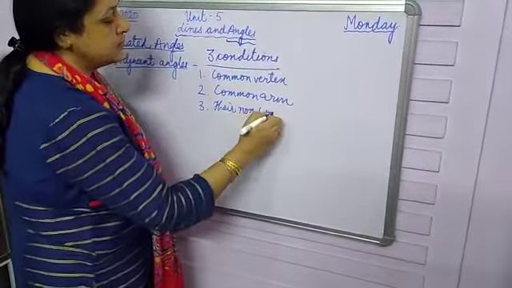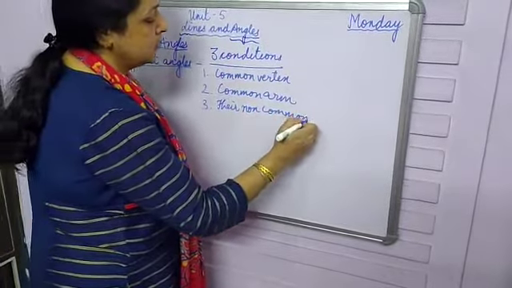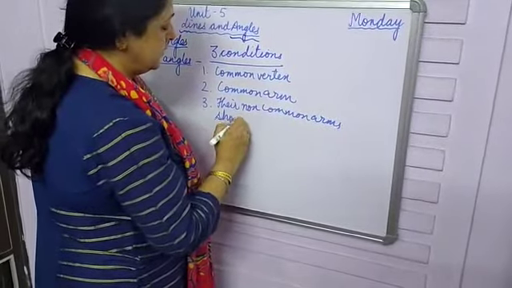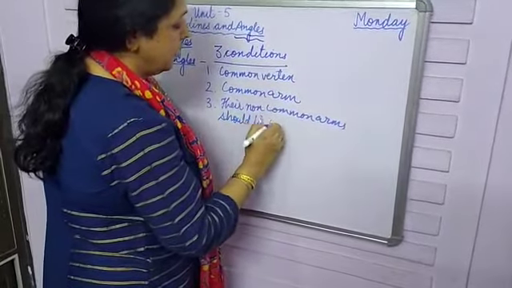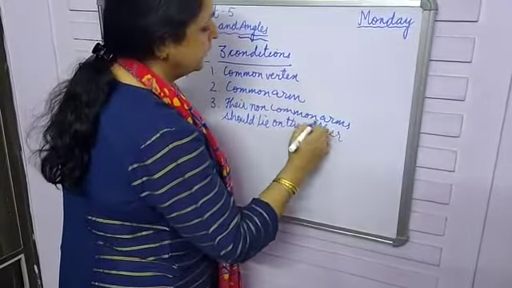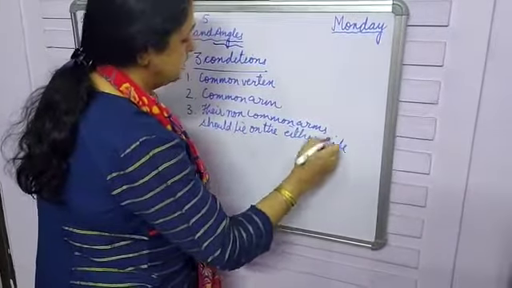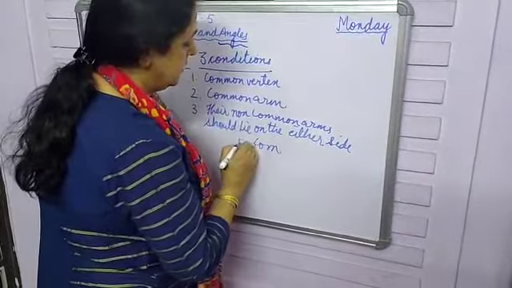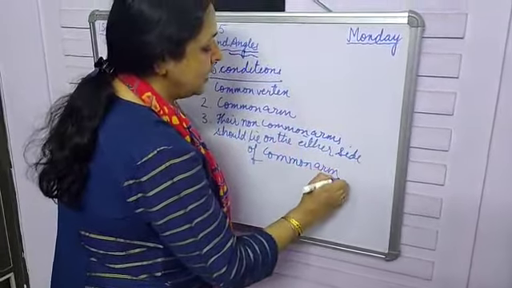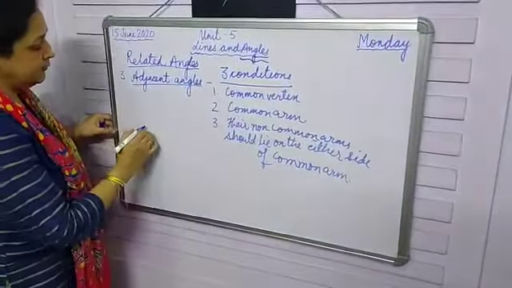non-common arms should lie on either side of the common arm. Now let us understand this with the help of the figure.